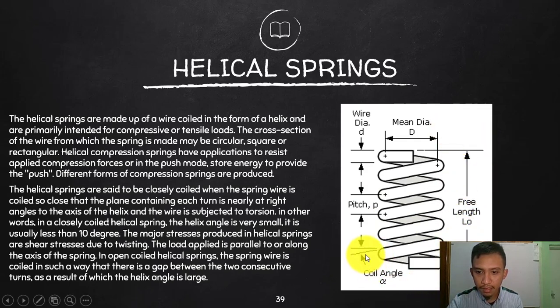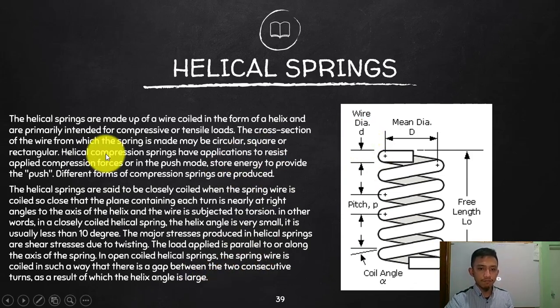And the angle of this inclination going to the next circle is the coil angle, that is the alpha, but actually that doesn't matter. We will not be focusing on that in this unit. And of course the diameter is important, the diameter of the wire used to create this helical spring, because that will determine the strength also.